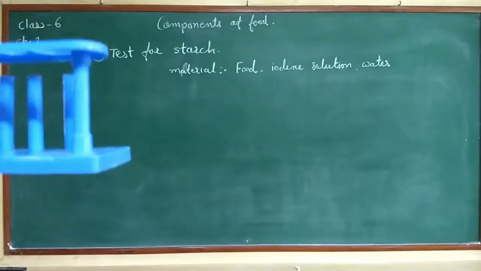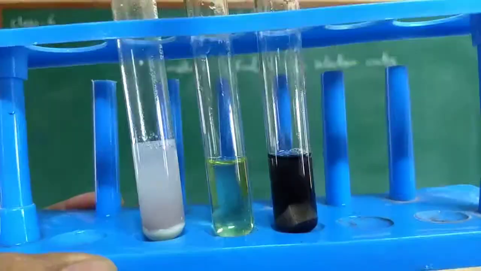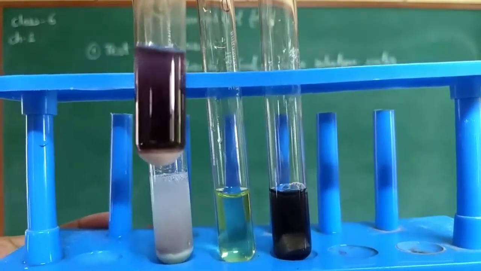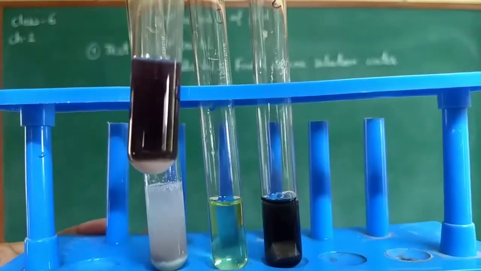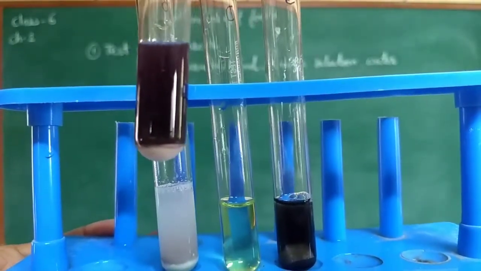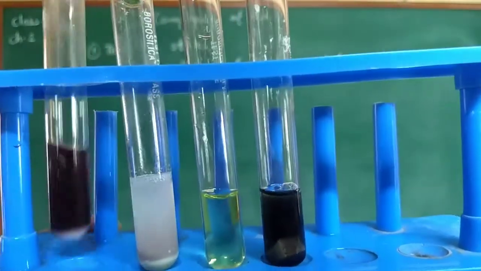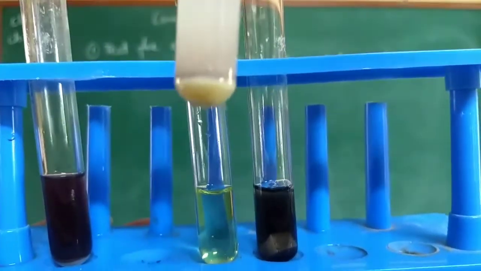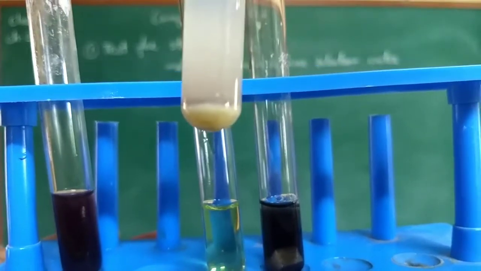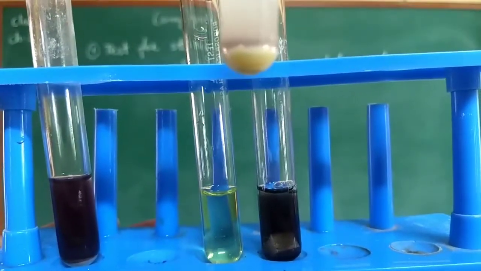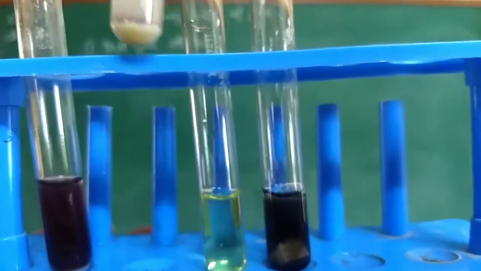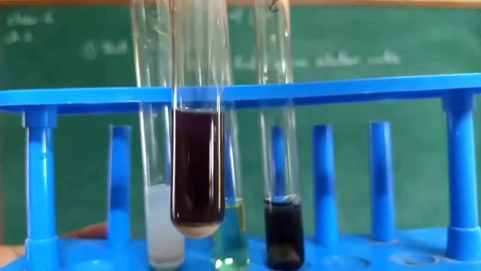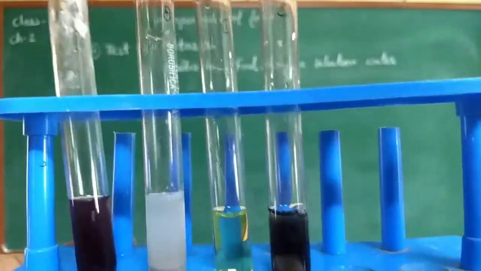After some time, if we see our samples, in sample A, which contains the rice flour, the color has changed from white to bluish black. So it indicates that there is a presence of starch. In the second sample, as you can see, the color has changed slightly because the gram flour, or chickpea flour, contains a small amount of starch, but sample A is very rich in starch.